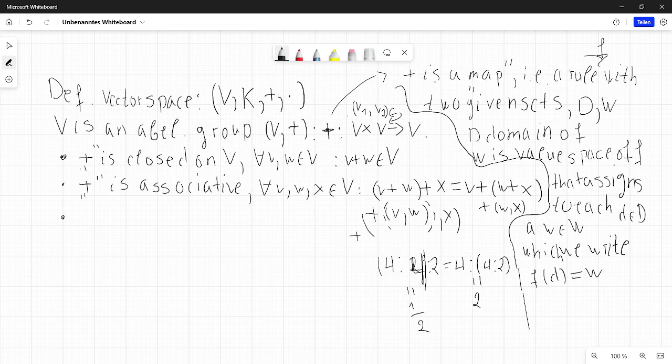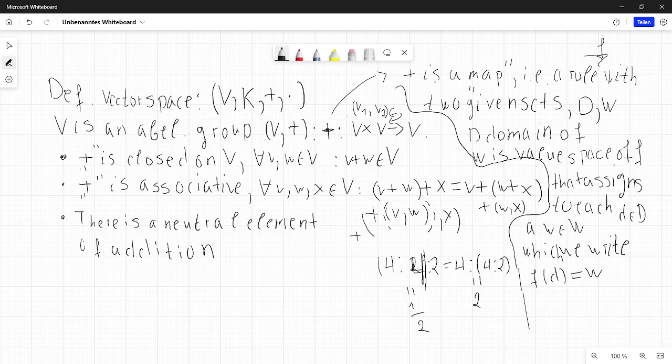Plus is associative, and there is a neutral element of addition, which we customarily just call 0. There's always a neutral element of addition.